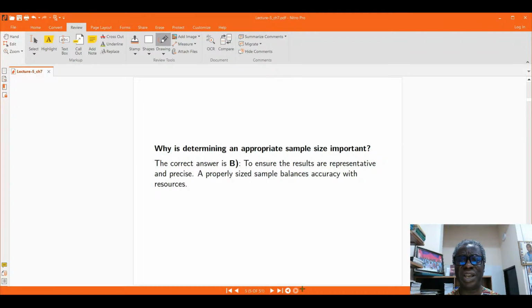Choosing the appropriate sample size will help you to ensure accuracy and also manage your resources. We all say resources are limited, so you don't need to take more than necessary samples.